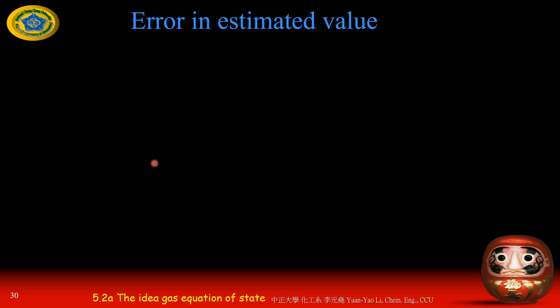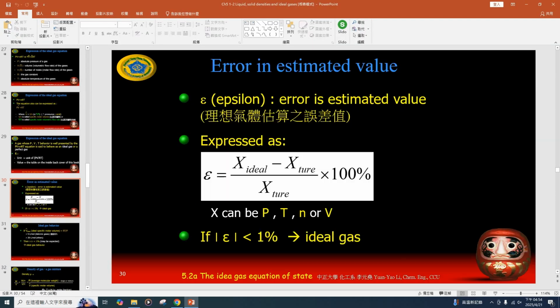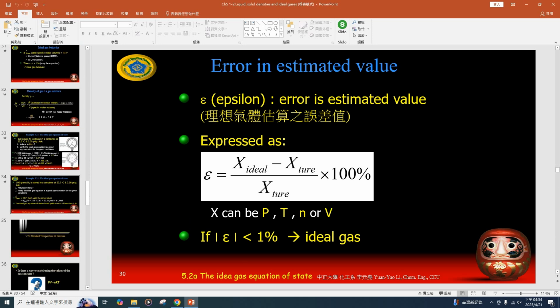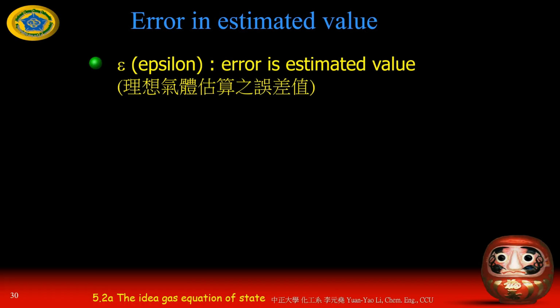Another topic is how we can find the errors in estimated volumes. The epsilon is the error in the estimated value. Once you find some numbers, you need to know whether this is an ideal system, and whether we can use the ideal gas equation of state to represent all the parameters.